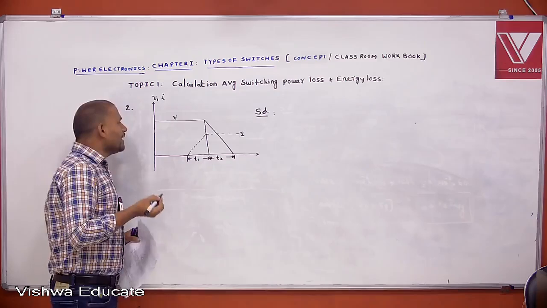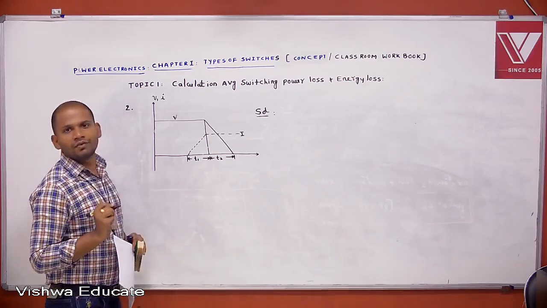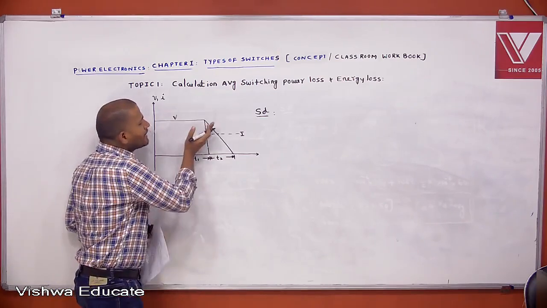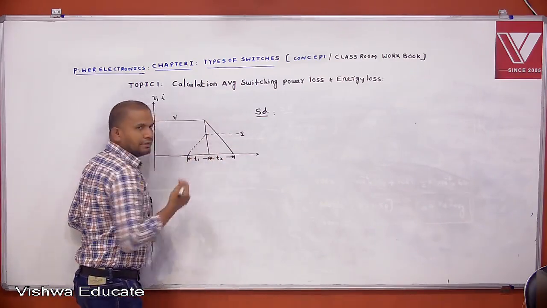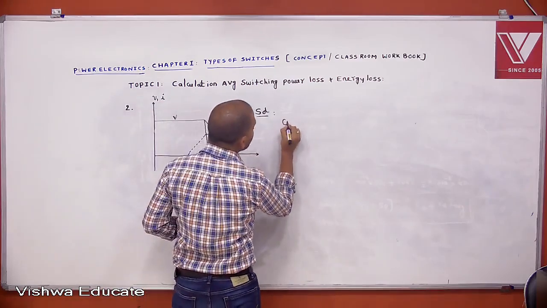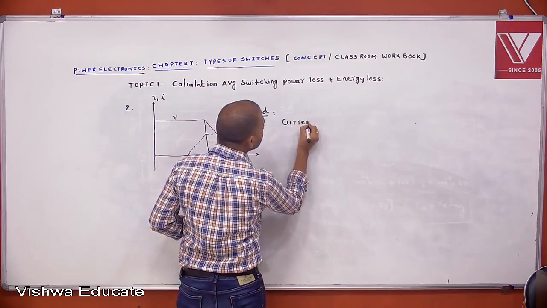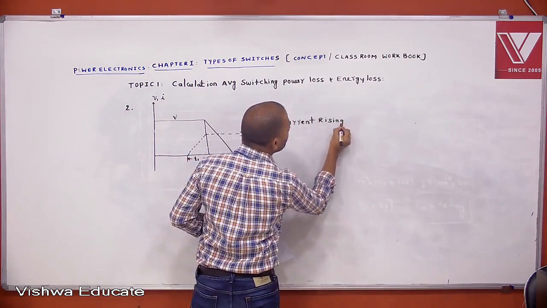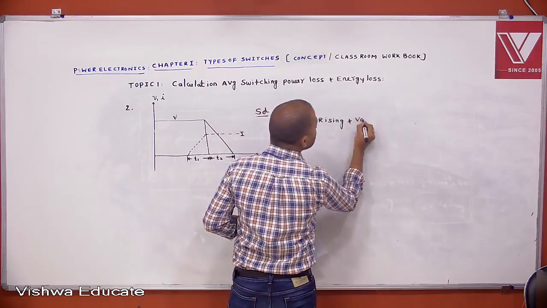First, I want to identify whether it is a turn-on transition or turn-off transition. Now see, in this characteristics, current is rising and voltage is falling.